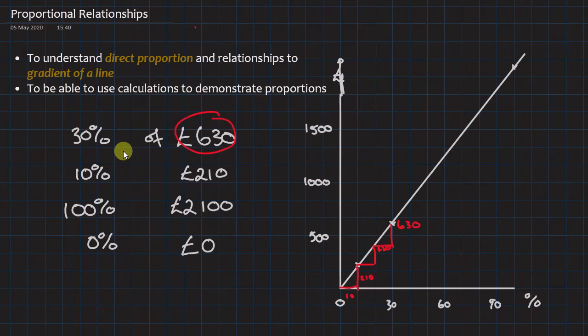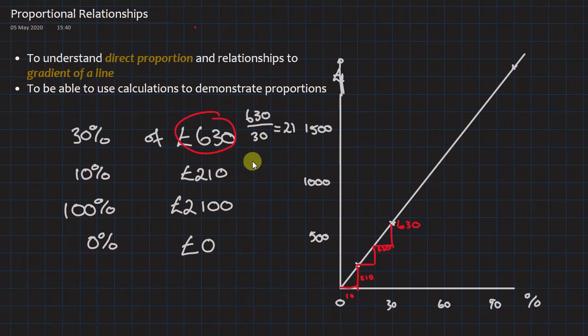Now you may realise there's also another effect. If I was to calculate the gradient of this line, we should always get the same number. So a gradient for this line, I'm going to take them from 0. So let's do 630 divided by 30. 630 divided by 30 is 21.